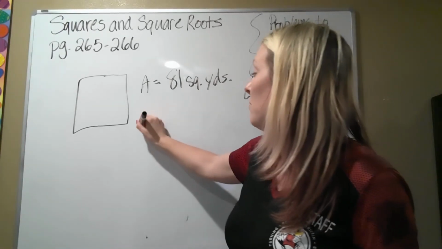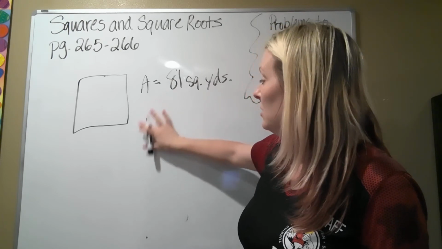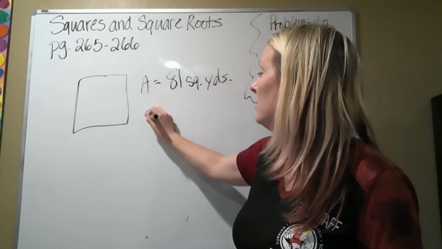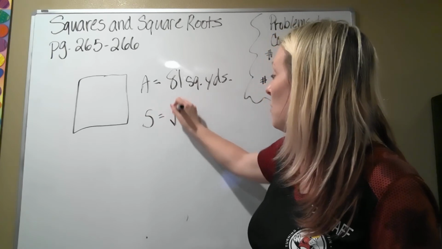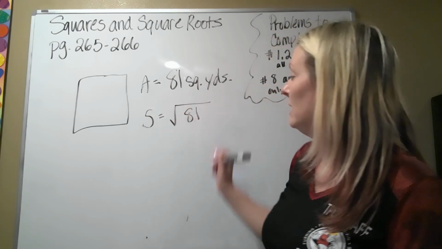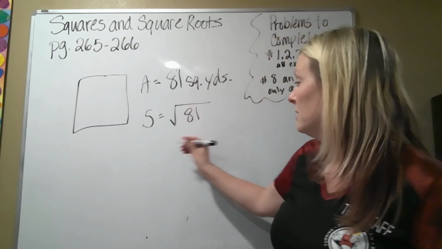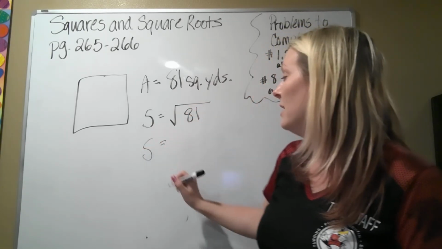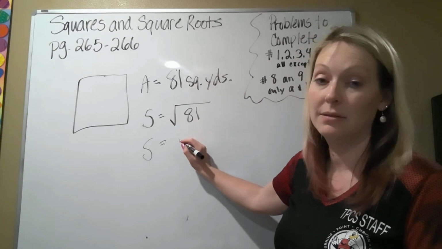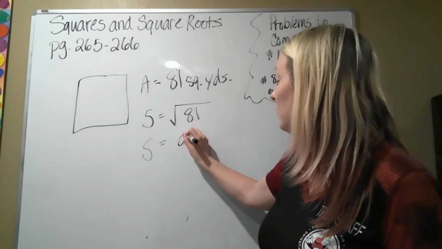So this is where we would say, I need to find the side. So the side would equal the square root of 81. Okay? So what is the square root of 81? S equals 9, right?